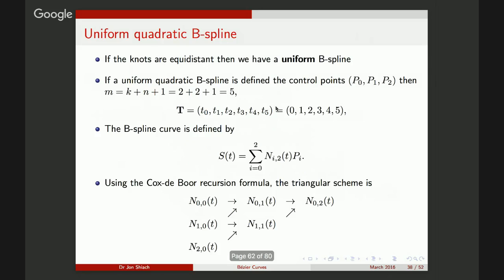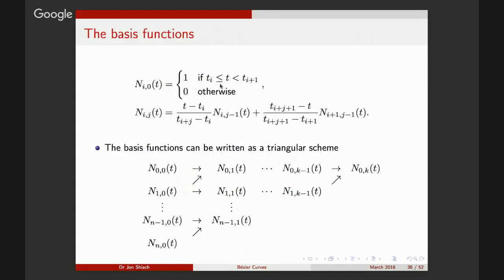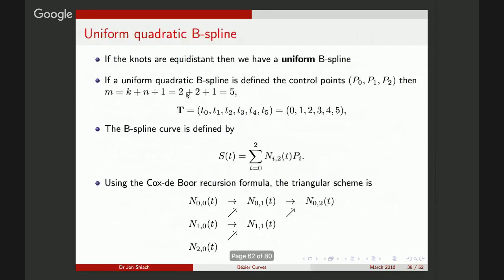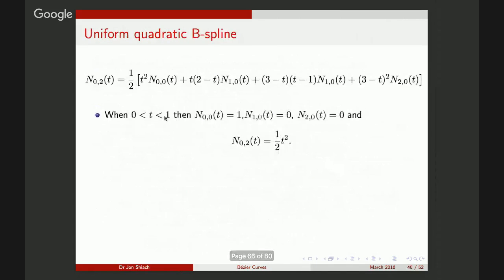That comes from here. If t is between t0 and t1, which was 0 and 1, our N_{i,0}, so N_{0,0}, will be 1, else it's 0. So it's like switching it off and on. When our t value is between the first two knots, N_{0,0} is 1, all the others are 0, so we just get a half t squared.